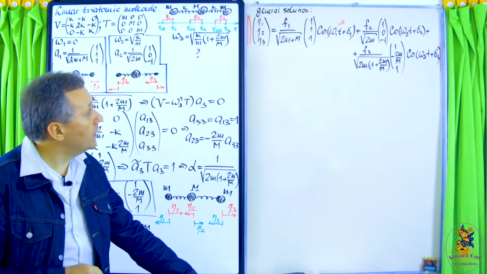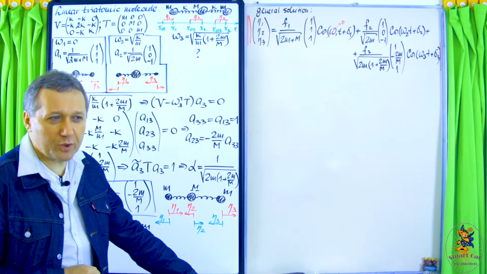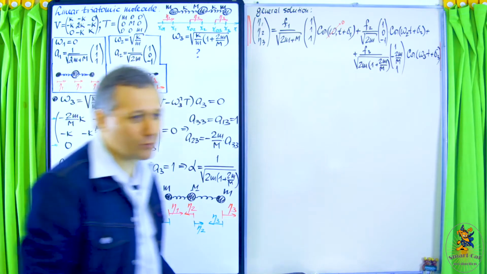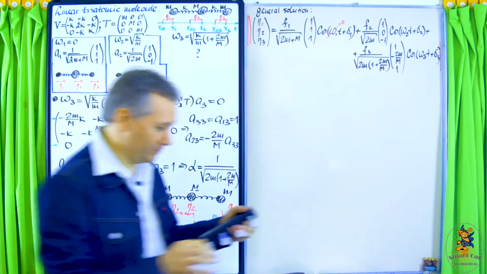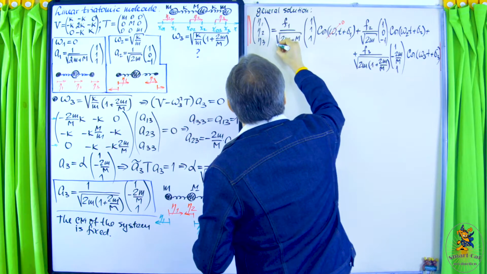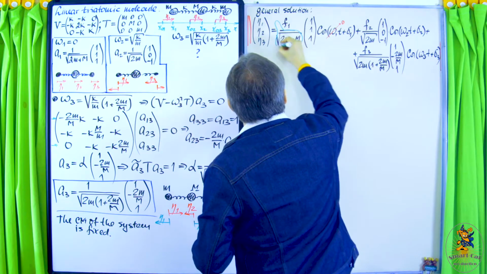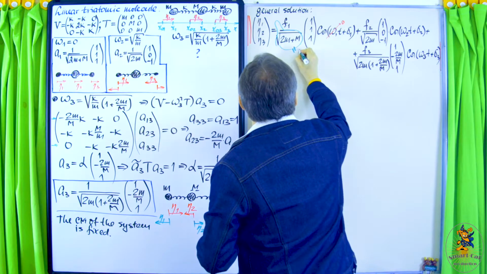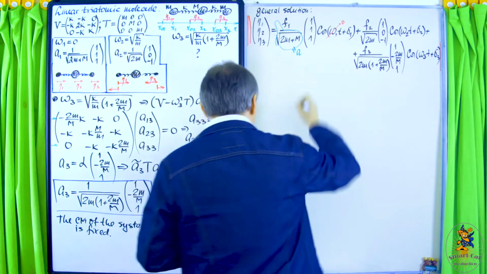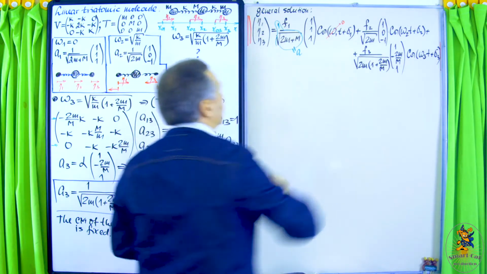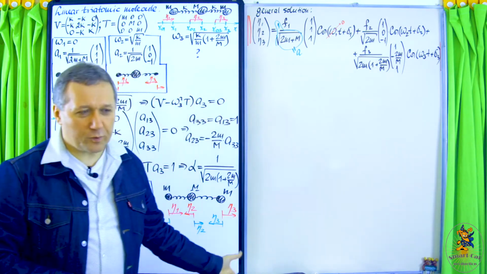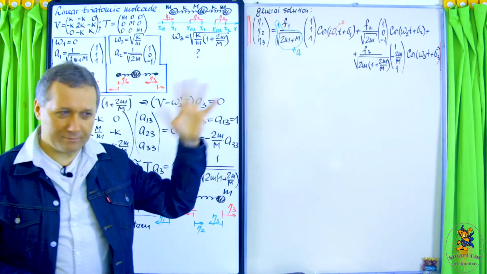Remember that A. And since these normalization factors are kind of not ugly, but kind of too much to write, let me denote 1 over this square root as A, because otherwise it's so tedious.